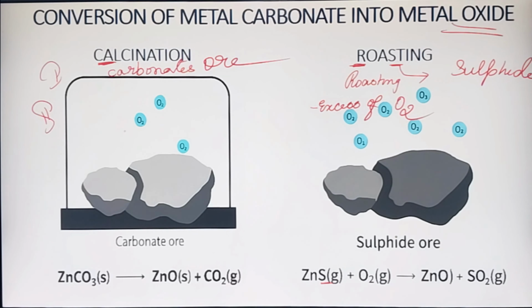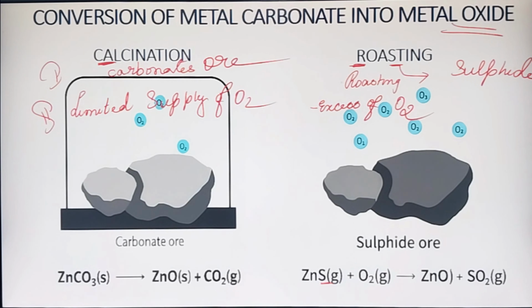Whereas when you see calcination happening, can you see there is very few oxygen atoms that are present. So I will say calcination means I am heating the ore in a limited supply of oxygen. Okay. In roasting, the amount of oxygen is too much, and in calcination, the amount of oxygen is very, very less. So this is the second point of difference that you will remember for calcination as well as for roasting.